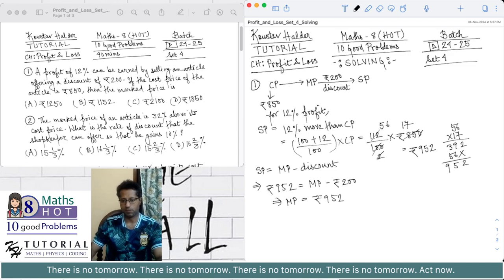So this will be rupees 952 plus rupees 200, which is equal to 1152. So rupees 1152 is the mark price, and hence the correct choice is B. B is the correct choice.